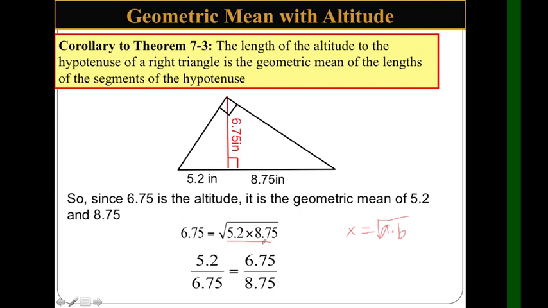Or we can use the proportionality, which is a over x equals x over b, so that is 5.2 over 6.75 equals 6.75 over 8.75. We can use either of the two equations.